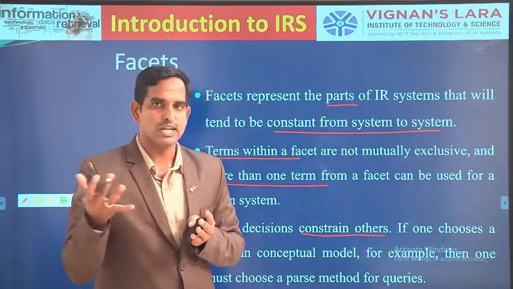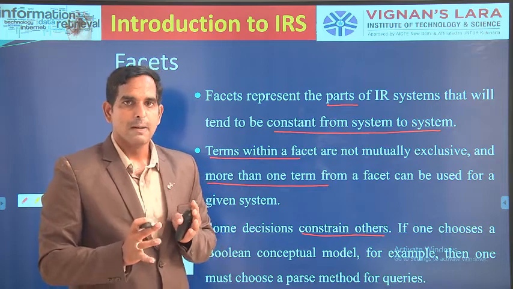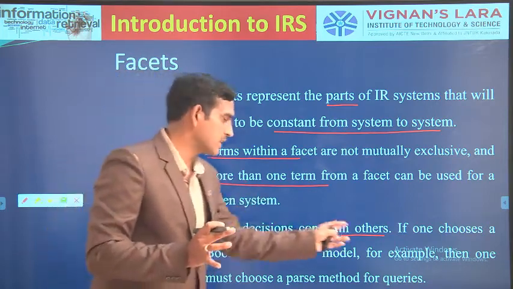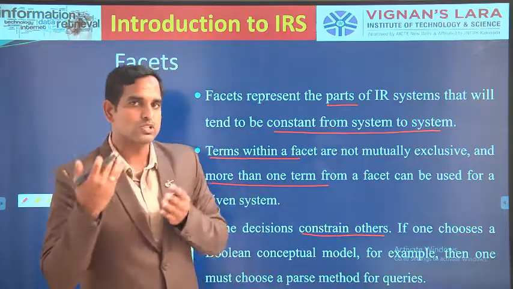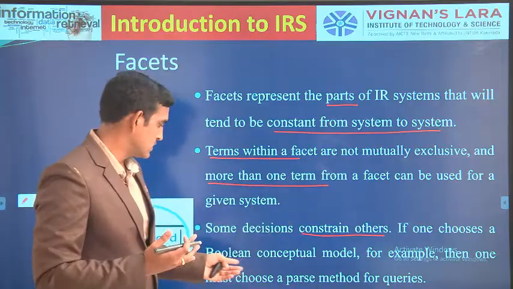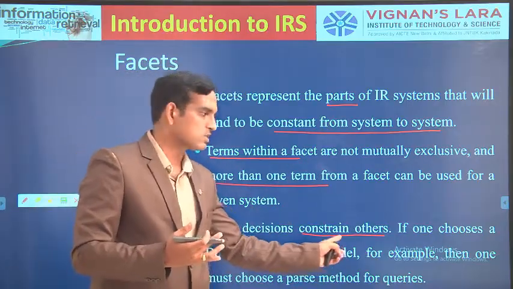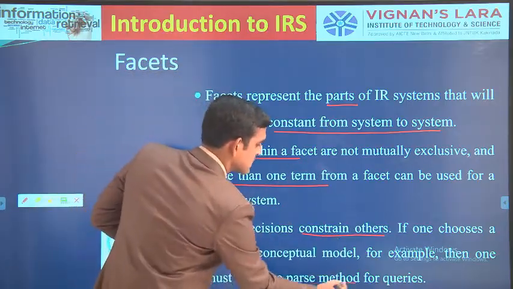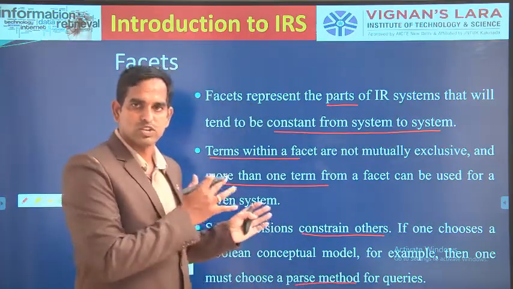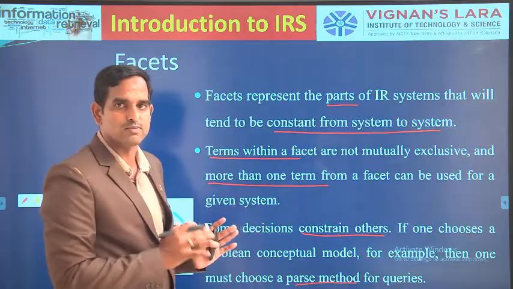That is, you can use more than one term in a particular system, but there are terms which cannot be mixed together. Those things will be constrained with each other. So in the same example, if you are using a Boolean conceptual model, you should not be using the passing method for query operations. So those two you can call mutually exclusive terms here.